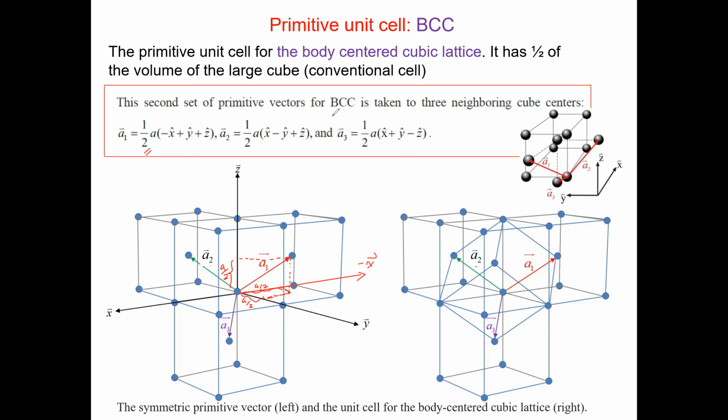The rest, can you try to do by yourself? Okay, I'll show you maybe a little bit for a2. So for a2, if you project it on the floor here, right?